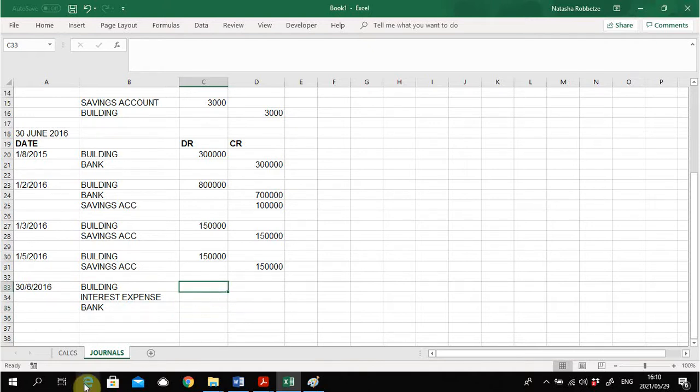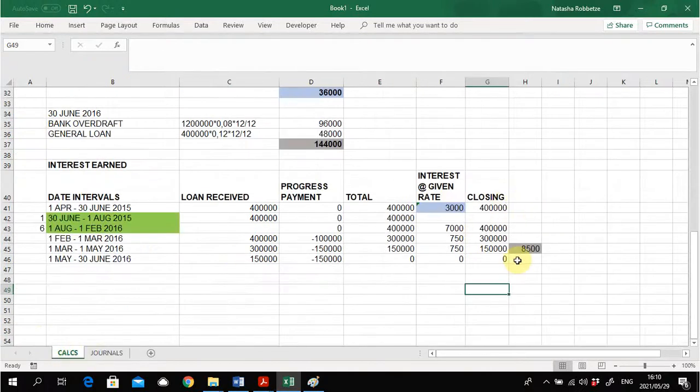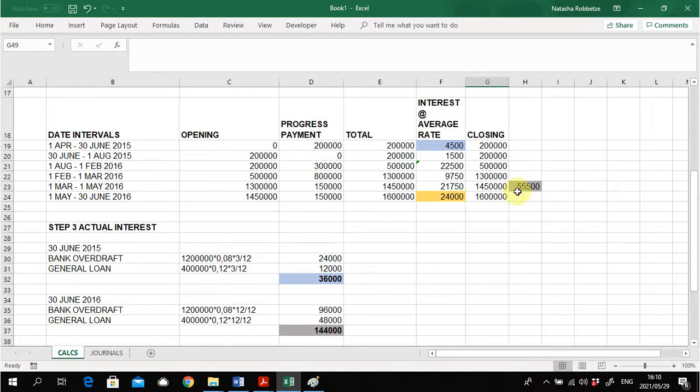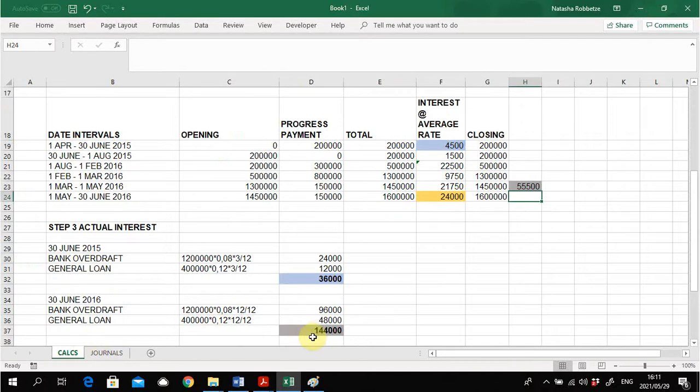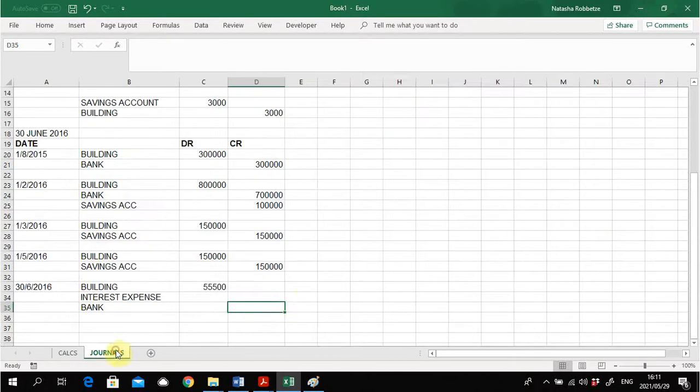So for the building, I'm going to say I'm allowed to capitalize 55,500. The total actual interest that I calculated was 144,000. And the difference goes to interest expense, 88,500.